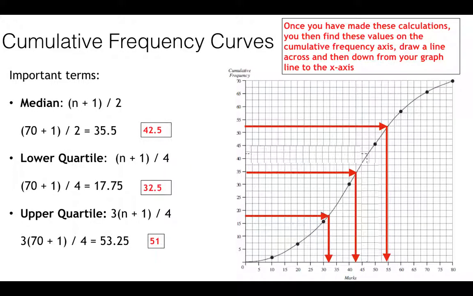So this is what I mean. Let's take a look at this median position. My total number on the graph was 70. I added 1 to it and I divided by 2, and that gave me a median position of 35.5.